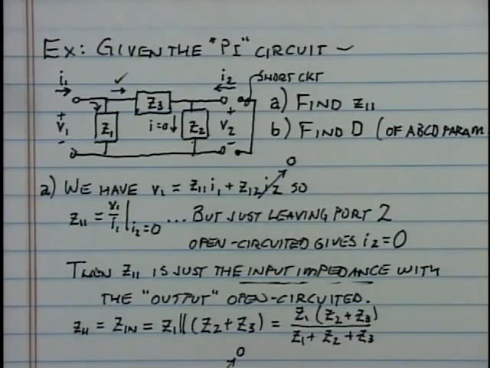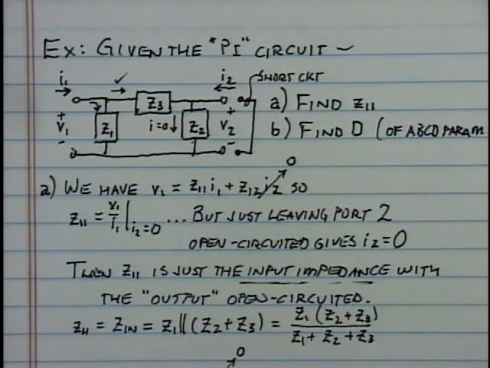Current division tells us that if you've got a network of two impedances in parallel and you've got a total current flowing into the parallel connected elements, the amount of the current flowing through one of the elements is the total current times the current division factor, where the current division factor is the impedance of the element that you're not trying to find the current through, divided by the sum of the two impedances.